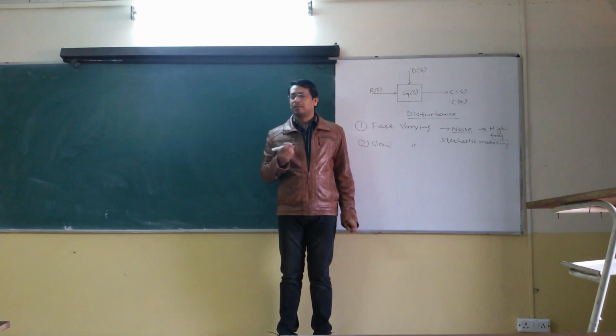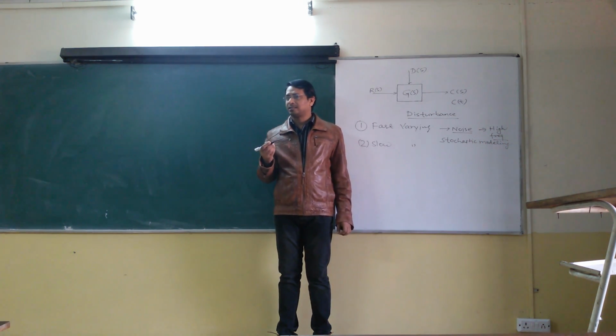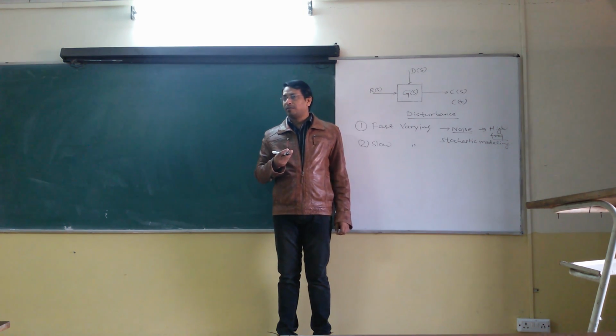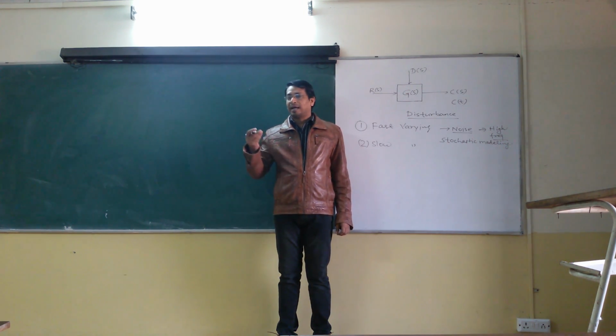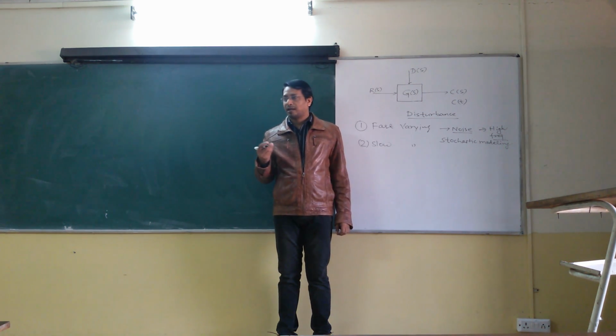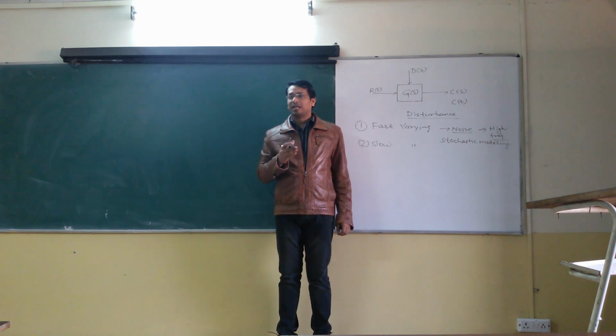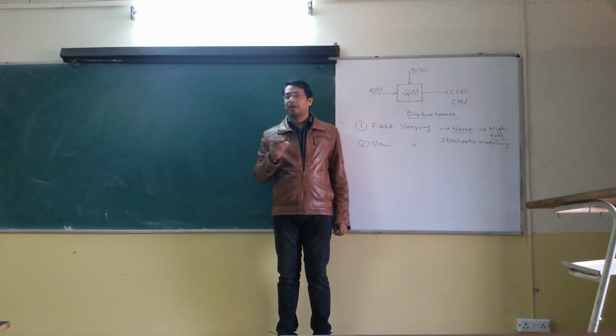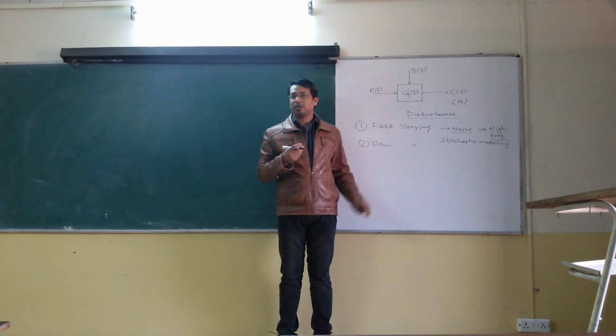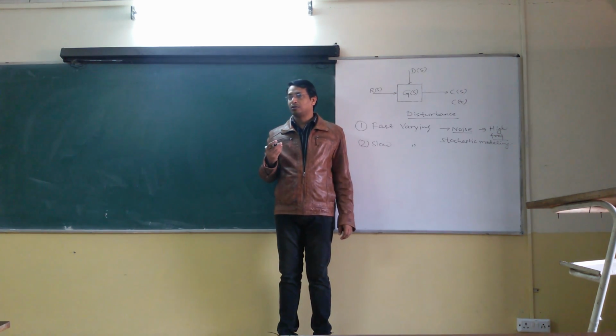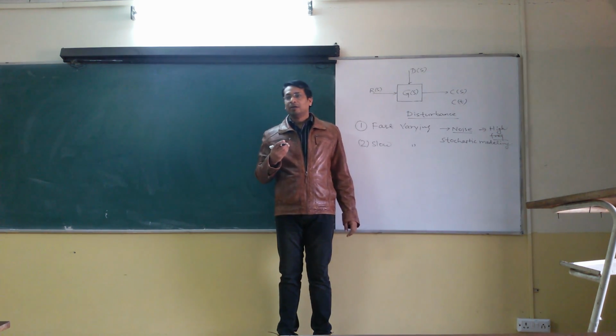Or you can take the example of electrical load as a disturbance, where at around 7 p.m. the disturbance is more, and at around 10 a.m. the disturbance is less. And also we can take the example of variation in payload picked up by a robotic arm. So there are various examples we encounter in our control system analysis and design.